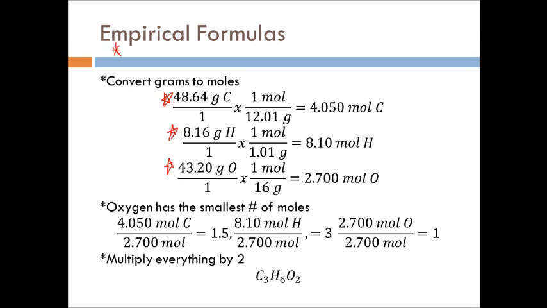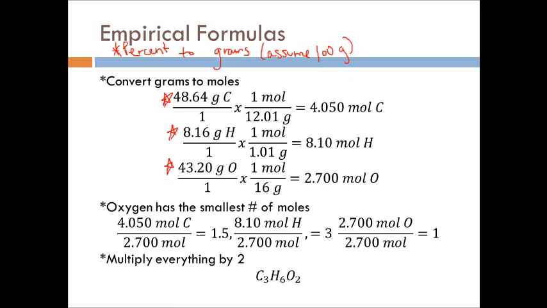So the first step really here is percent to grams. All right, and I didn't write down the slide, but what you're going to do when you're doing that is assume 100 grams. All right, because if you multiply the percentages by 100, they just give you the percentages in grams.